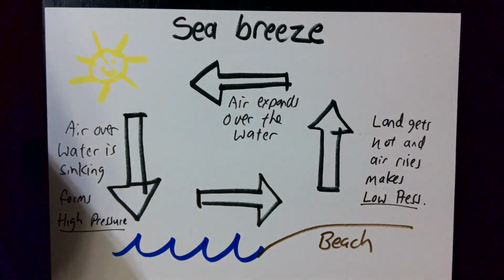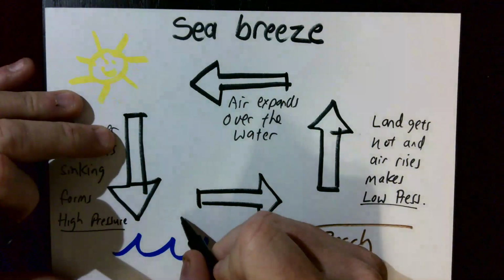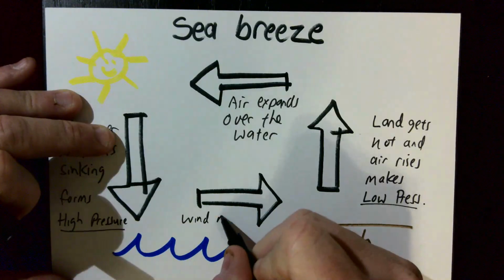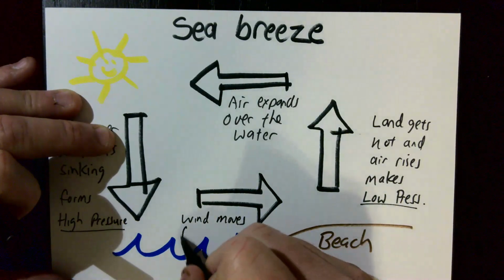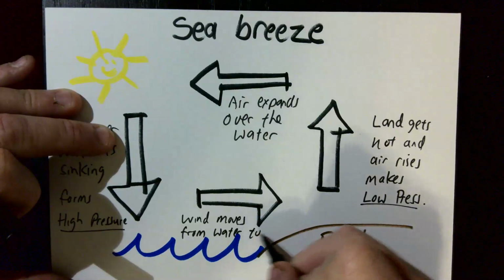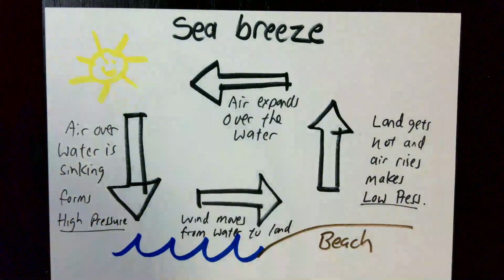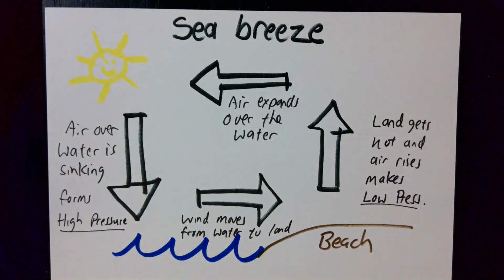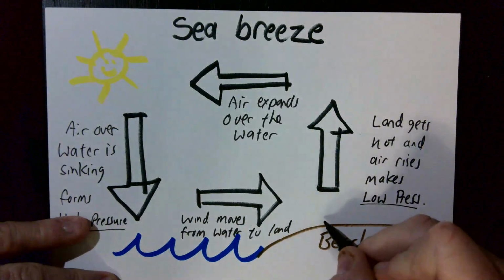So we get wind that moves from the water to the land. The water is the sea, hence we have what's called a sea breeze.